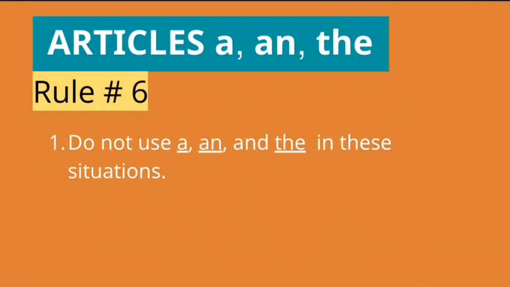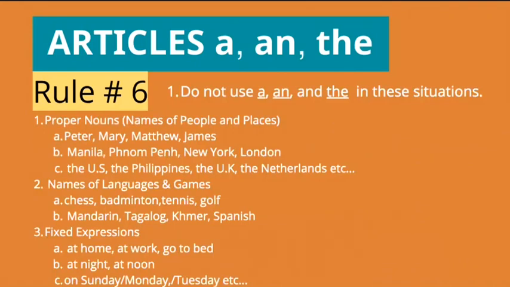In this rule, it is important and encouraged to memorize these specific situations. So we have number 1, proper nouns, names of people and places. For example, Peter, Mary, Matthew, James, Andrew, any name of a person, that's a proper noun. You should not put any article, you should not put a and the in those.